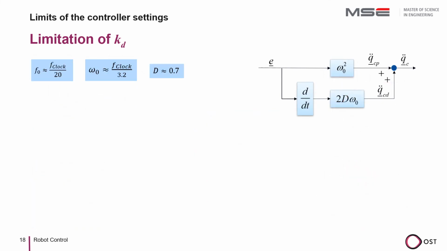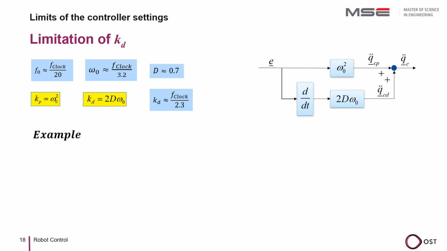So we found that the frequency of the control bandwidth is 20 times smaller than the clock frequency of the digital controller. Omega is 3.2 times smaller than the clock frequency, both under the assumption that 0.7 is used for Lehr's damping measure. The kinematic control constant Kp is as known omega squared, and the damping constant Kd is 2 times D times omega. Kd is 2.3 times smaller than the clock frequency.